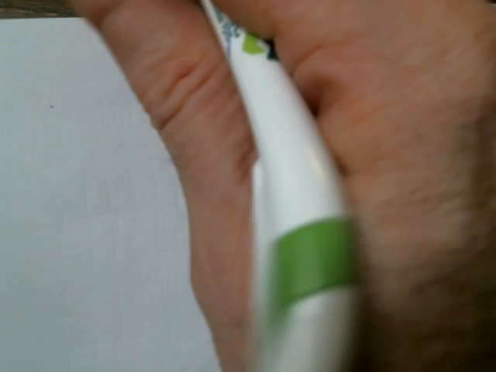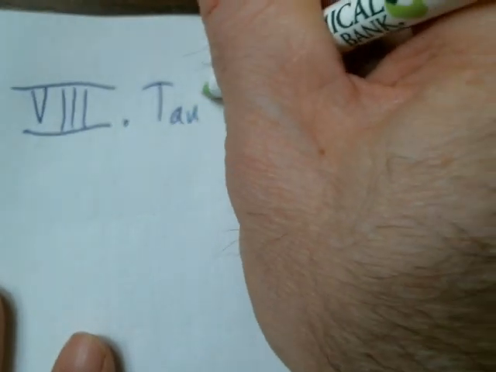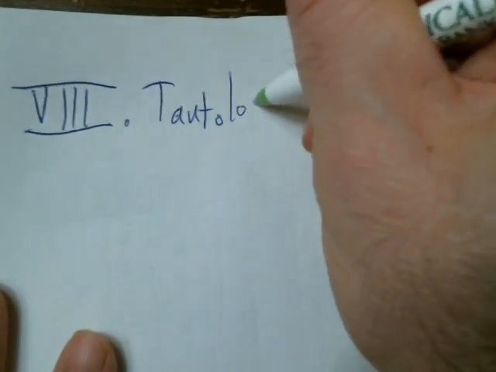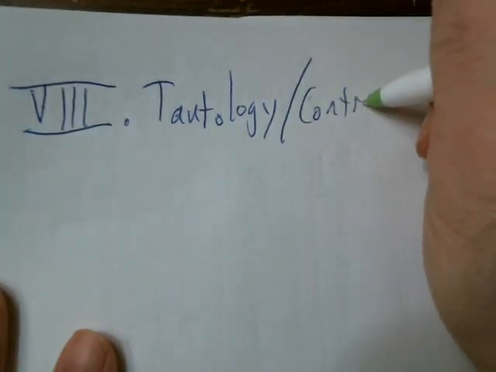Either one or the other is going to be true. On the contradiction side, I am both dead and alive. That would be a contradiction because you can't have both being true at the same time. So tautology and contradiction.